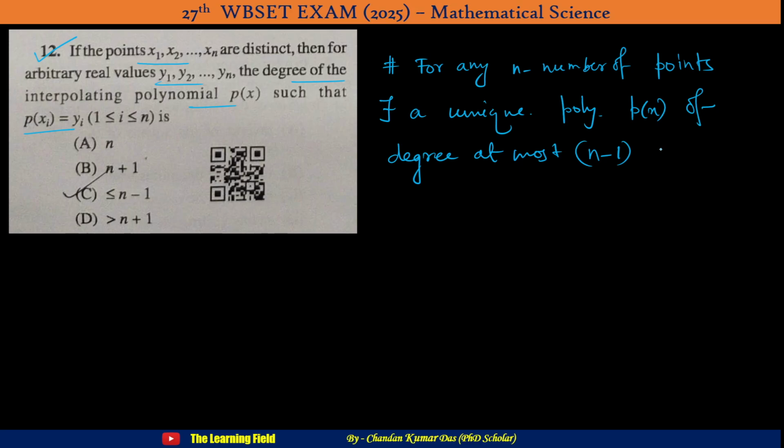That means the degree is less than or equal to n minus 1. This is the correct option, option C. A very basic question of numerical analysis.